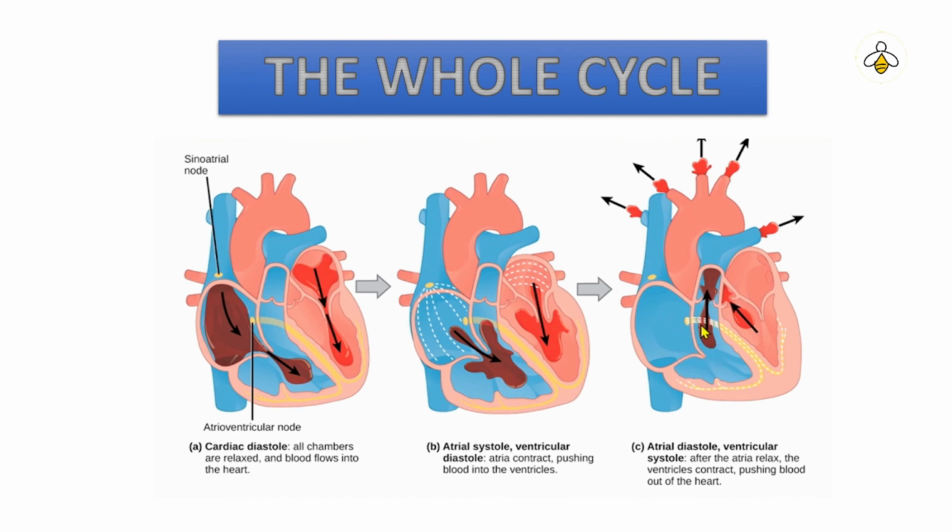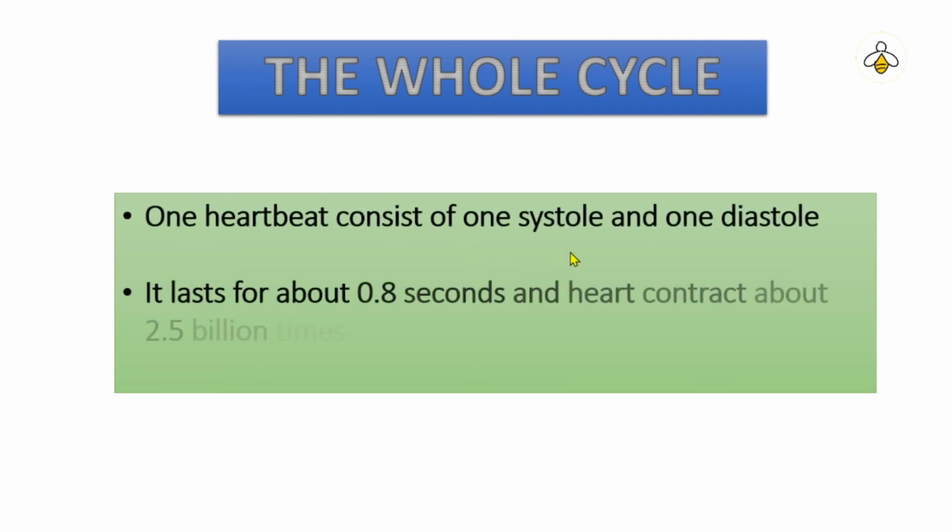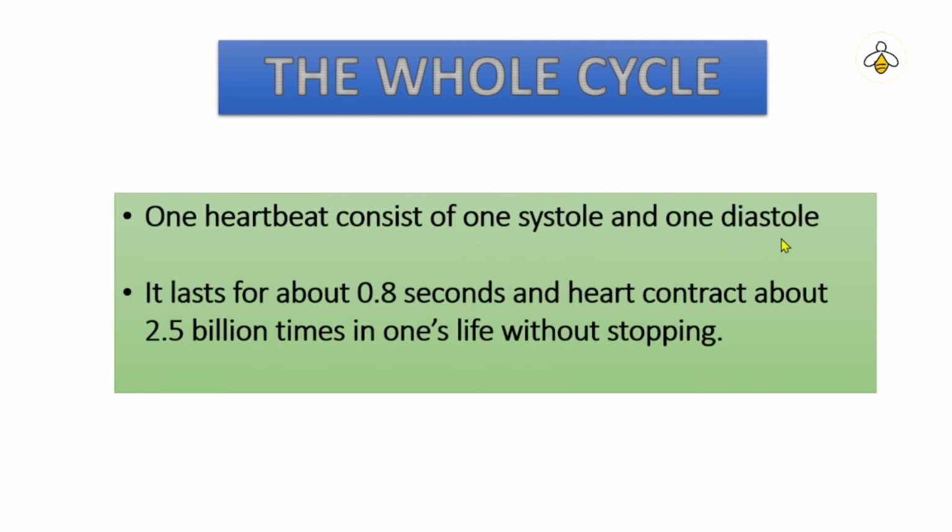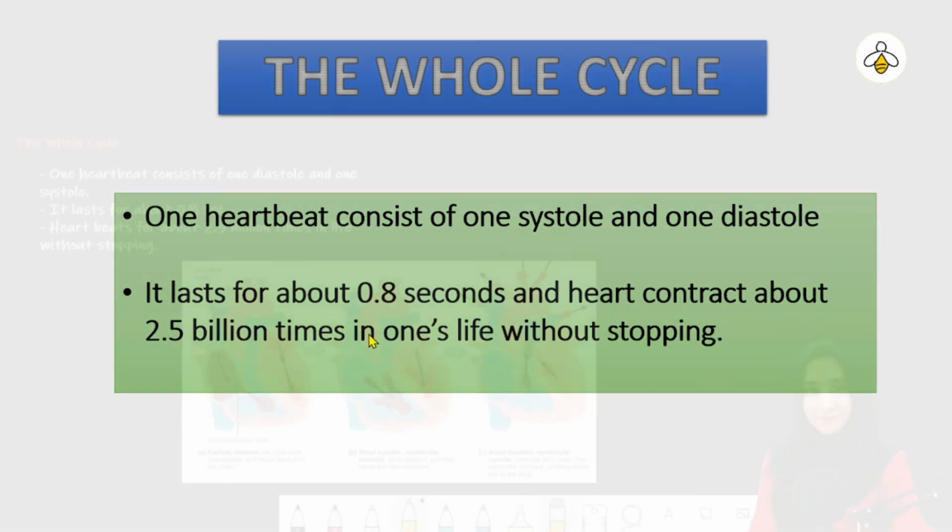So the AV valve are going to remain closed, so there is no backflow of the blood. This whole cycle consists of about one systole and one diastole, and it lasts for about 0.8 seconds. And when we calculate the total heart contraction in one's life, it is about 2.5 billion times. So this is the complete cardiac cycle.